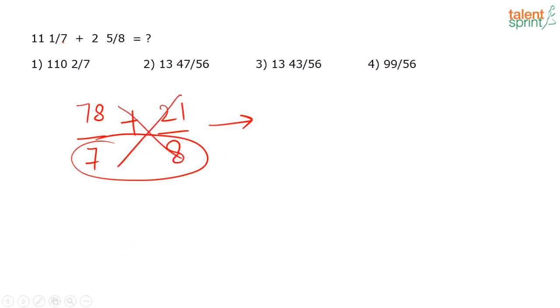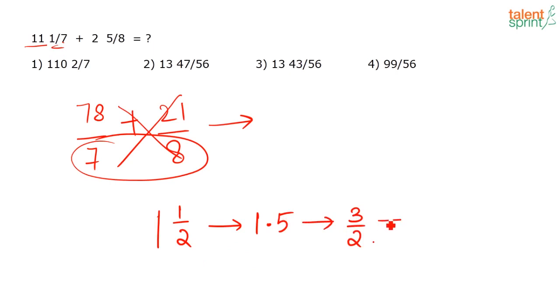So generally, whenever questions with mixed fractions come, the best way to solve will be to separate out the integer part and the fraction part. See, for example, if you have 1 1 by 2, what is this actually? 1 1 by 2 is nothing but I can say it is either 1.5, correct? Or I can also say it is 3 by 2, correct?